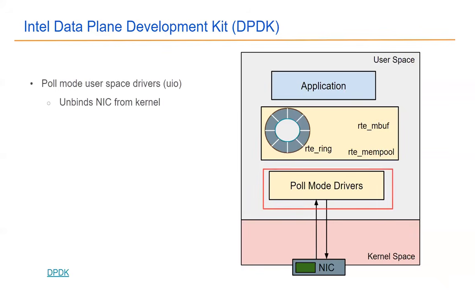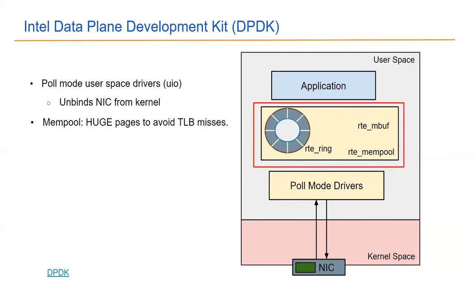It consists of a poll mode driver or PMD, which operates in poll mode. A NIC needs to be bound to this driver to enable DPDK processing on the packets from this NIC. But once bound to this driver, the NIC is invisible to the kernel NIC drivers and hence cannot be simultaneously used by a kernel application.